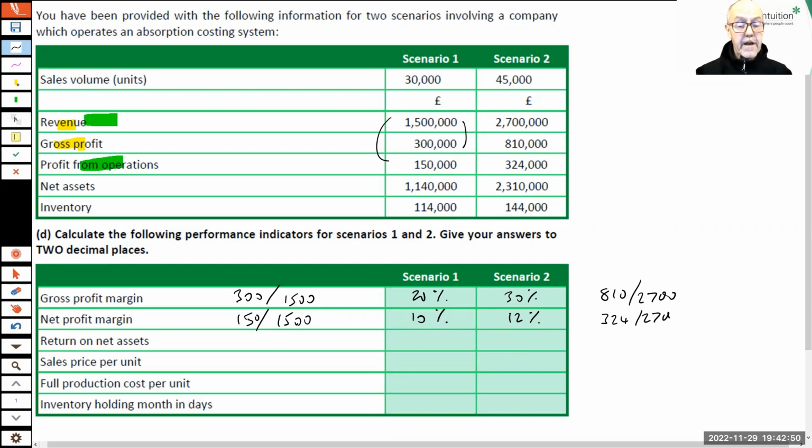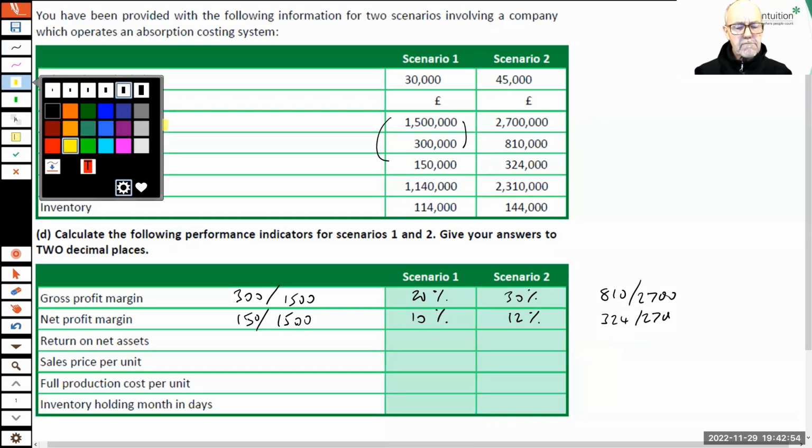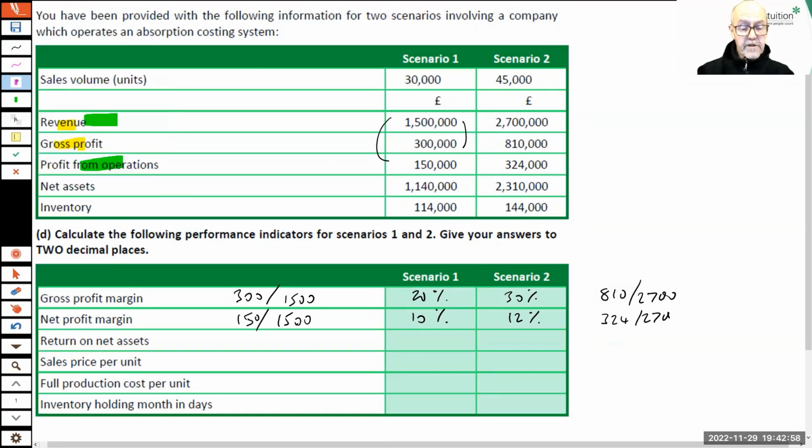Return is another name for profit. So yeah, when you see the word return, just remember that's another name for profit. And again, there are our net assets. So we're making 150 on an investment of 1140.